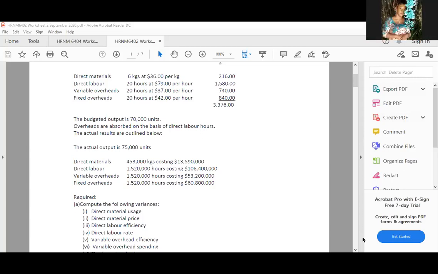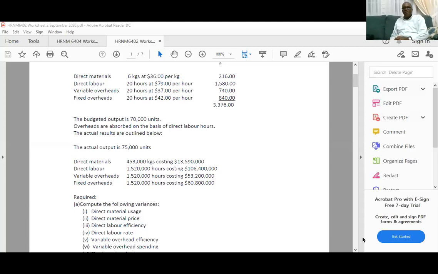Sir, when we're calculating the variable overhead efficiency, what exactly are we looking for? You said that for direct labor efficiency, we'd be looking at how long it takes to make the output. Yes. In terms of variable overheads and fixed overheads, what it's basically saying is that it's labor intensive. That's the first observation you want to make.